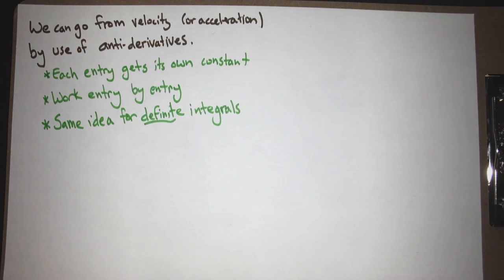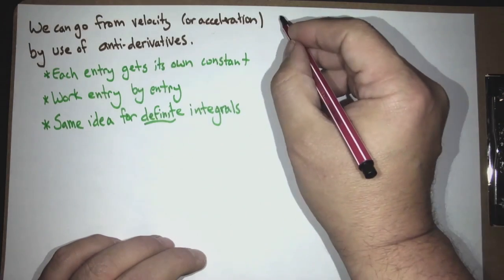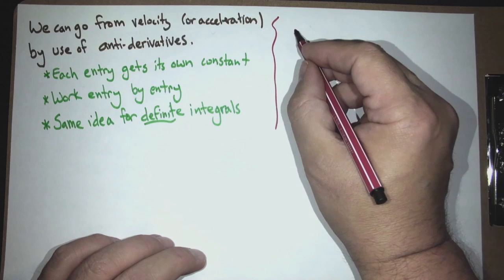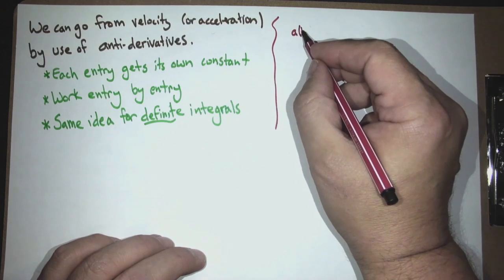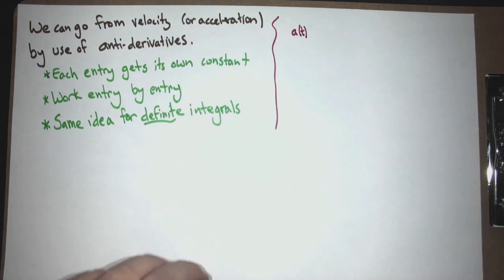So in the interest of time, let's make up a very simple example. When you're making up a problem that says, here's position, find acceleration, you can take anything anybody throws at you.